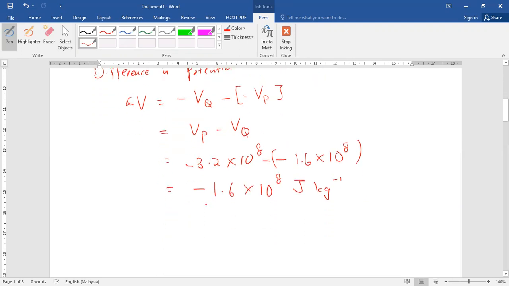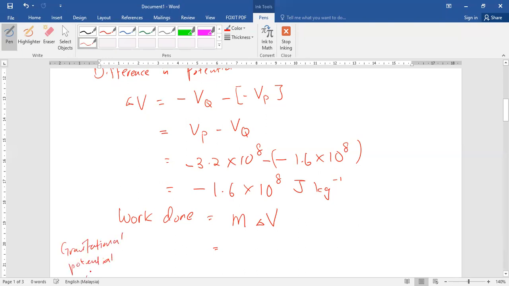And next, we want to find out the work done. What is the work done? Work done will be equal to mass times the change of the potential. So that means work done will be the gravitational potential energy, that is the gravitational potential times the mass of the object.